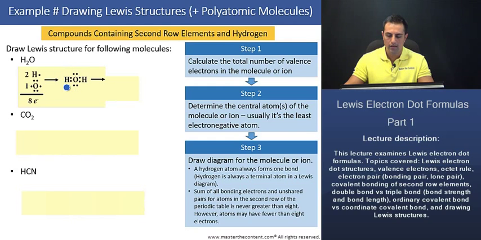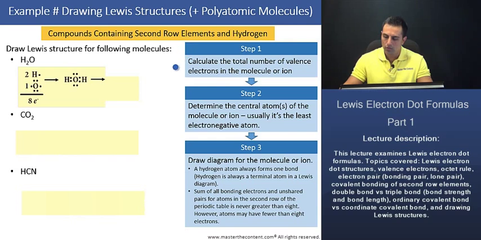The hydrogen always forms one bond, but besides the hydrogen, we're going to set up the octet configuration for the oxygen. The oxygen forms 2 bonds, one here and one here, to get that octet configuration.